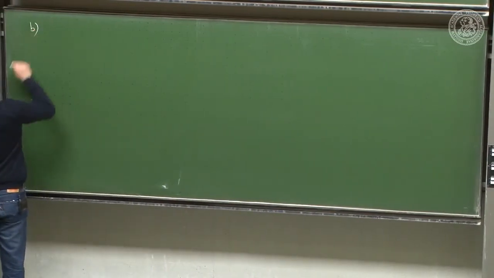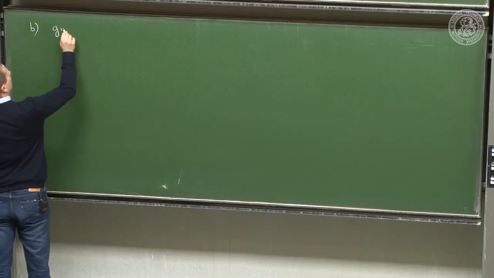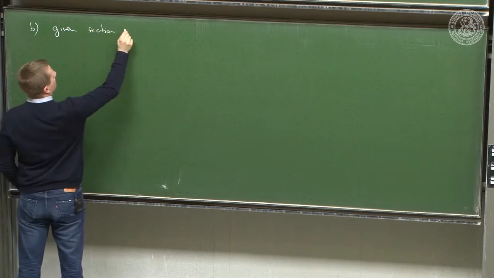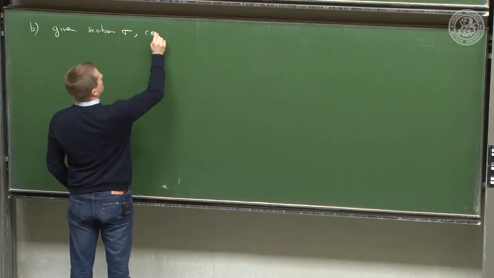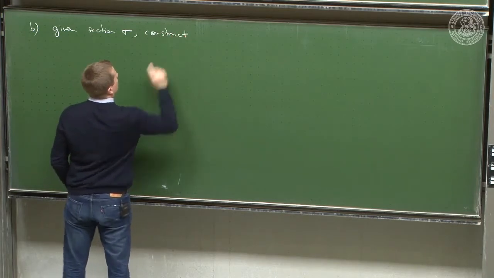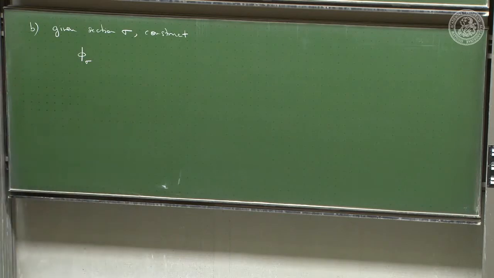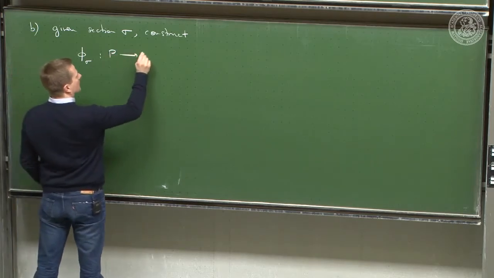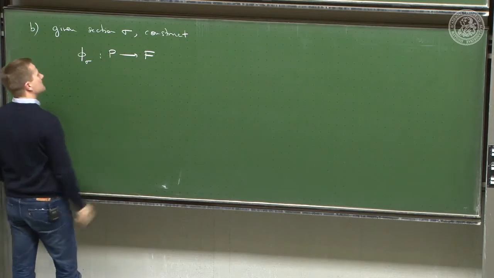So the second direction, B, is: given a section sigma of the associated bundle, construct the phi, but now we call it phi_sigma because it's a phi that's constructed from the sigma. This ought to be an F-valued function on the principal bundle.